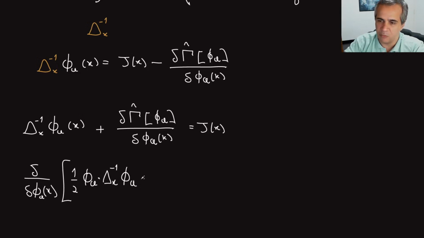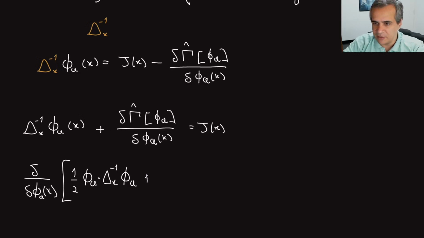This depended on one variable, now it is integrated, and when I differentiate in relation to phi classical, I can act here or here. And when I want to act here, I can use an integration by parts to throw the derivative there. That disappears with the factor 2, and you go back there. So this is the same as that.